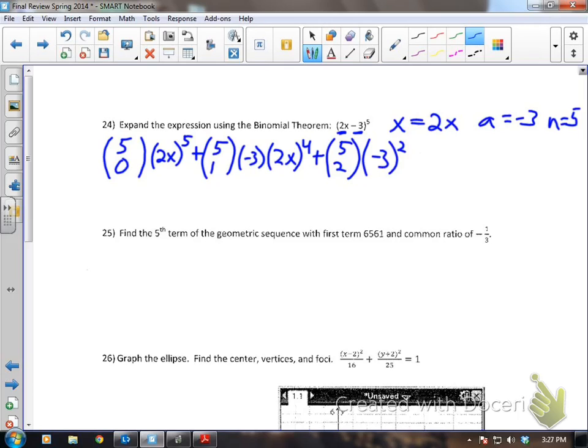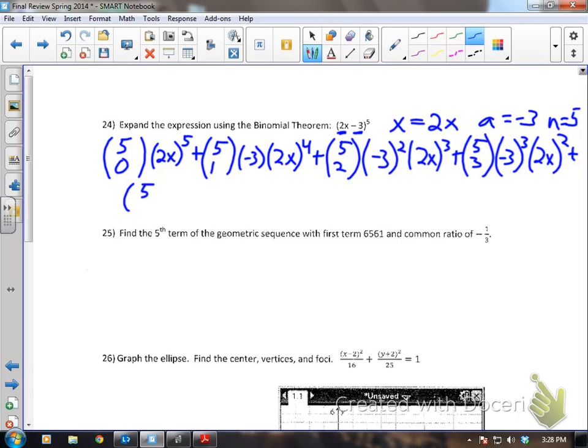Okay, so negative 3 to the 2nd power, 2x to the 3rd power, plus 5 taken 3 at a time, times a, which is negative 3 to the 3rd power, times x, which is 2x to the 2nd power, plus, I'm not going to have a lot of space here, but I'll just put it down below anyway.